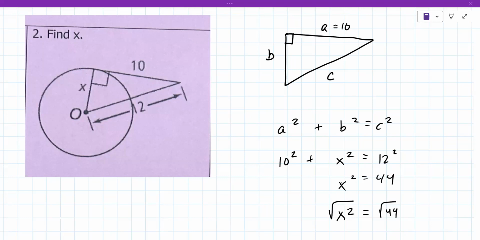I would say it is X. Is this pretty simple?